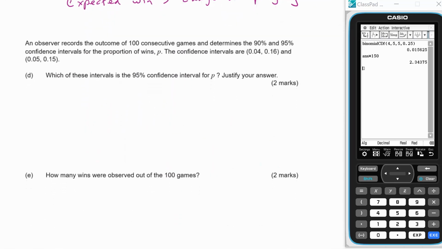An observer records the outcome of 100 consecutive games and determines the 90% and 95% confidence intervals for the proportion of wins P. The confidence intervals are shown here. Which of the intervals is the 95% confidence interval?